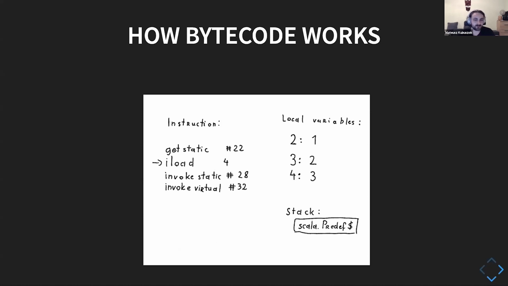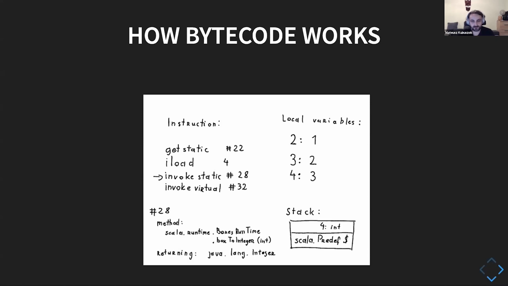Then we are loading number 4, because the variable of 4 is the variable C that we wanted to print. And because println doesn't allow us to print integers, it wants us to print objects, we're calling this static method that the Scala library provided us to box this into an integer.